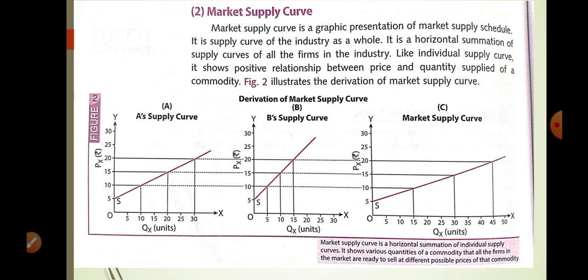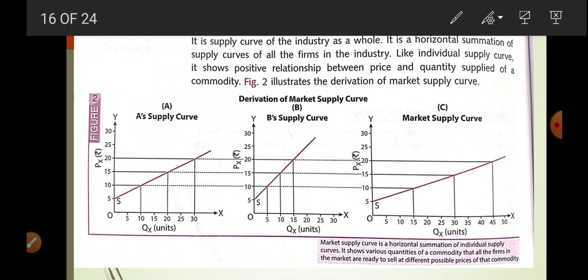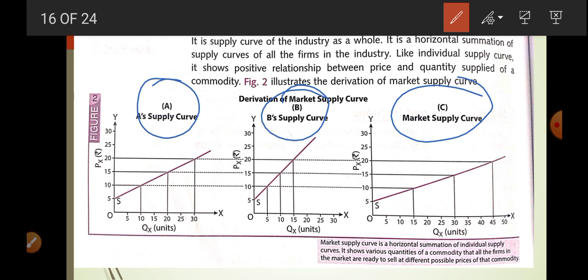Now come to the next topic, market supply curve. What is the market supply curve? It is a graphical representation of the market supply schedule. Here we consider firms A, B and C. We add these together, and we get the market supply schedule.